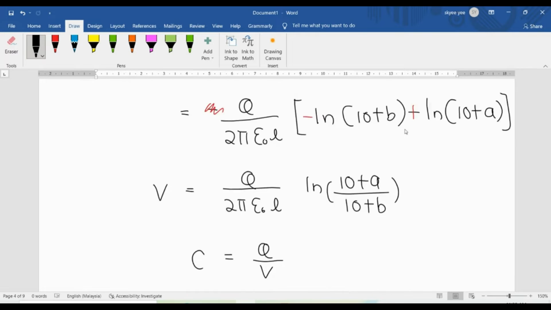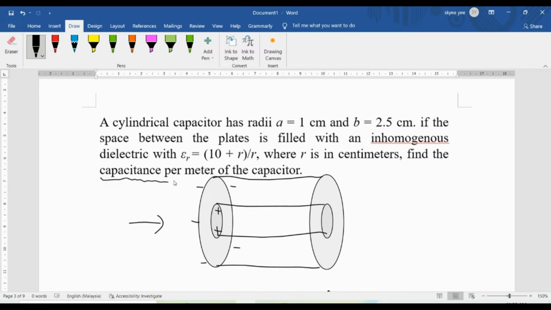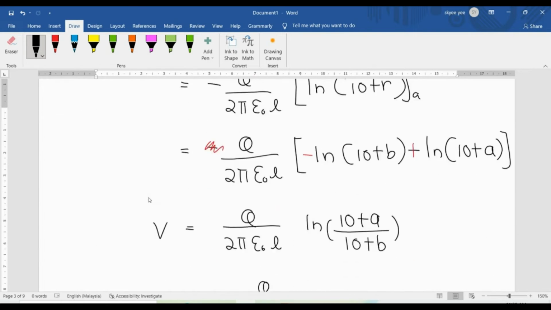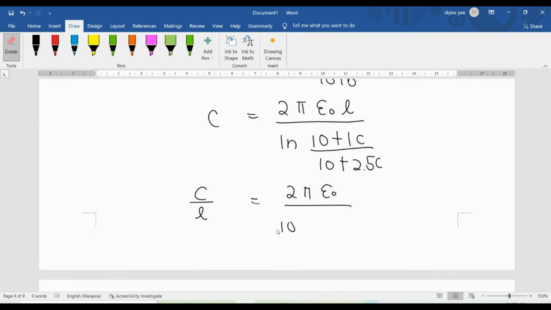The question is talking about the capacitance per meter, meaning capacitance in farad per meter over the length. So for this C, capacitance per length, it becomes 2 pi epsilon naught over ln of 10 plus 1 centimeter over 10 plus 2.5 centimeter.